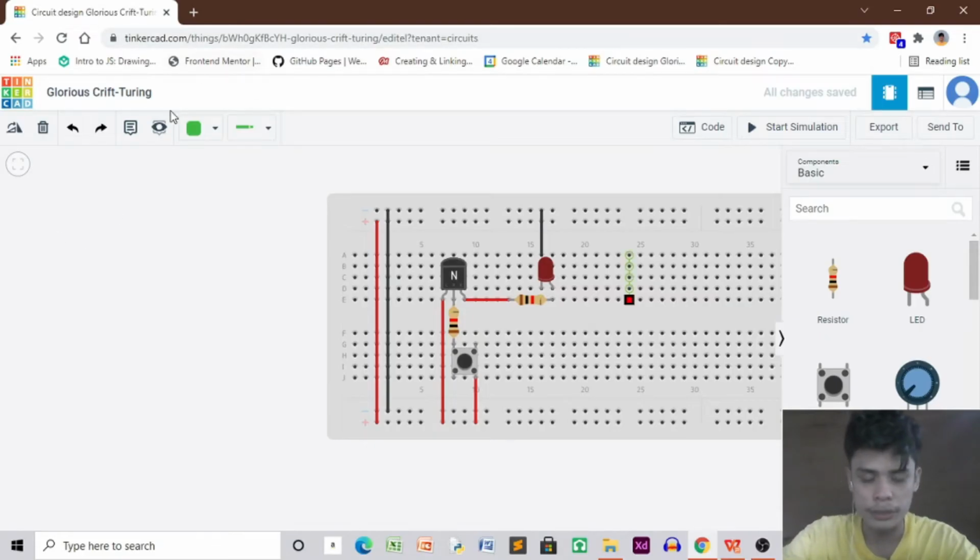Now guys, if we look at the simulation of that circuit, here we can see we have our transistor, our input switch, and our LED.